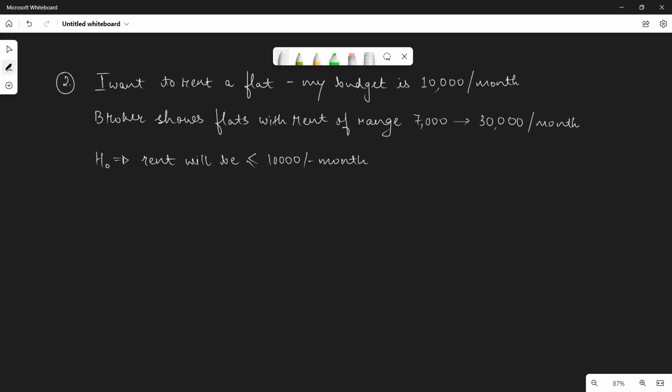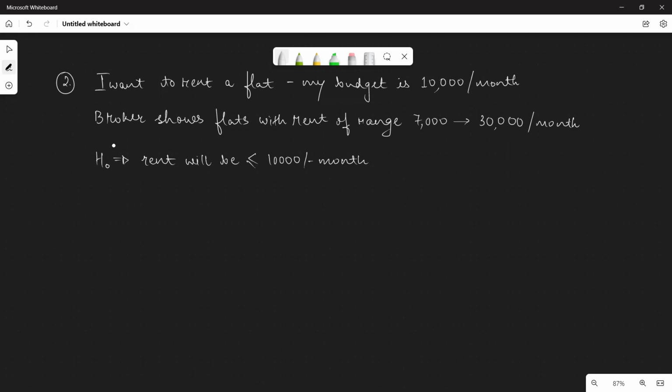Because if I get a flat of, let's say, 5,000 rupees, I will definitely be able to manage that. But if I get a flat of, let's say, 11,000 per month, it's more than my budget. I don't have that much money, so I cannot rent that. That is why H0 will be rent less than or equal to 10,000 per month.